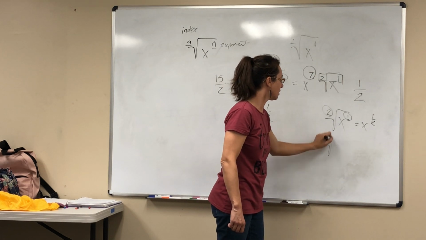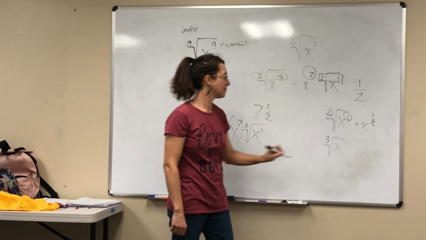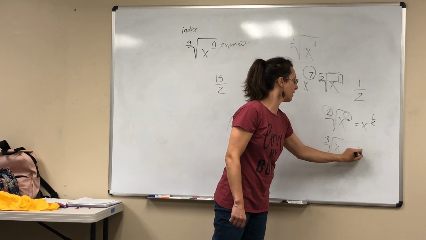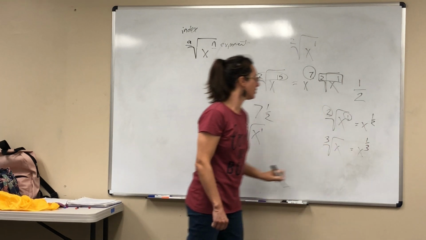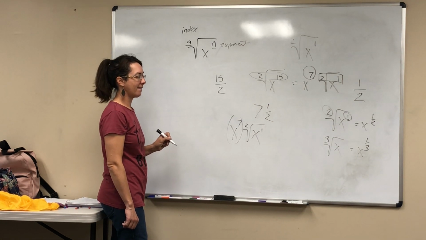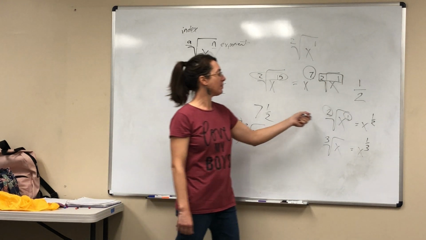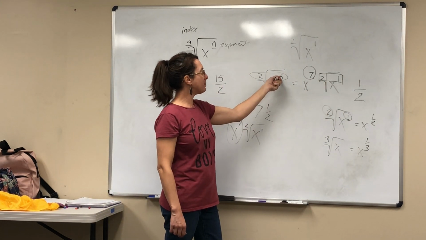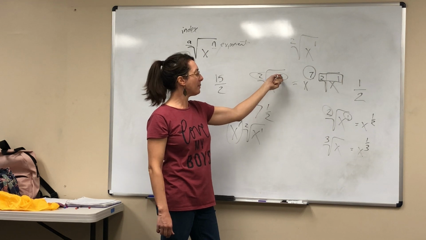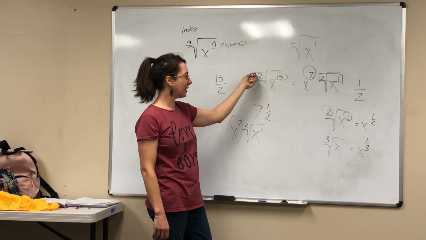So how do you think we would write the cube root of x? X to the 1/3. Does that make sense? Okay. So when we're thinking, hey, my shortcut way, this is how many I have, this is how many I need.